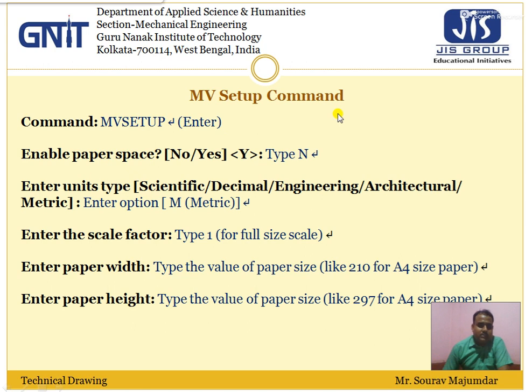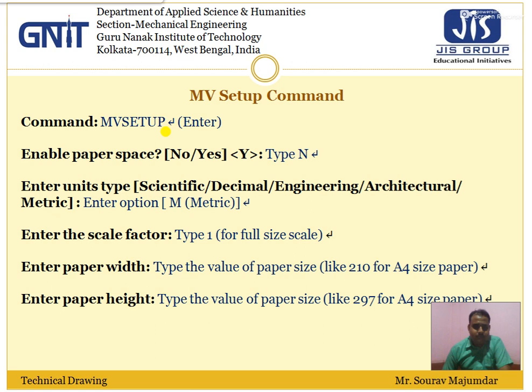So how to use this command? In the last class we discussed that in the bottom portion of the AutoCAD screen there is the command box. In this command box, you write MVSETUP, with no space, and then press enter on your keyboard.